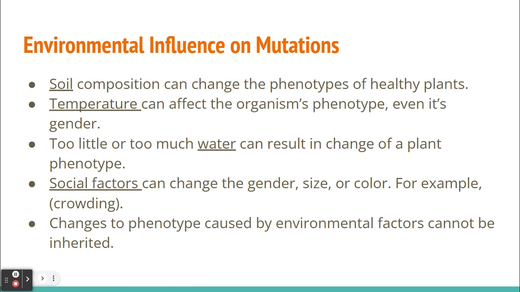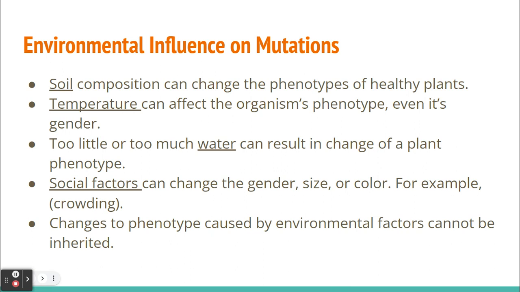Other things that can influence mutations is environmental changes. So like for plants, soil composition, for animals and plants, temperature can affect. And then thinking about water supplies that can affect both plants and animals.